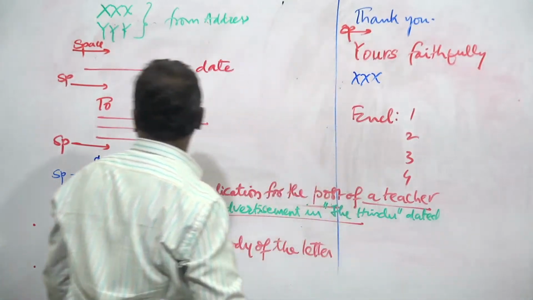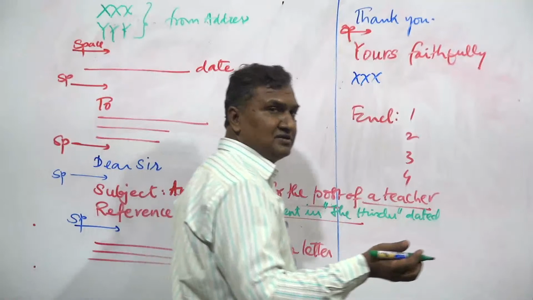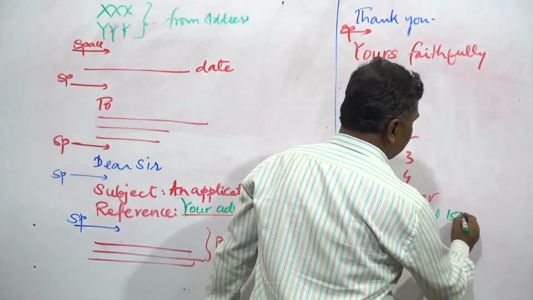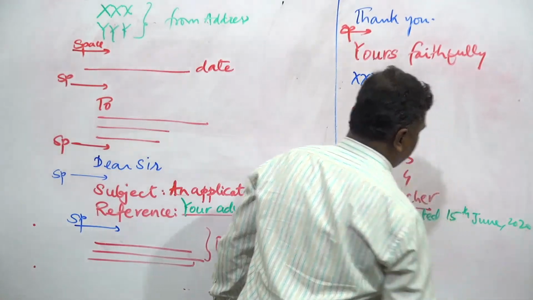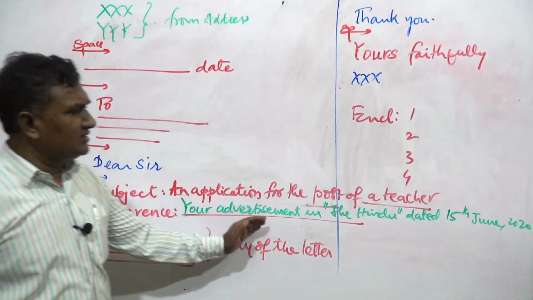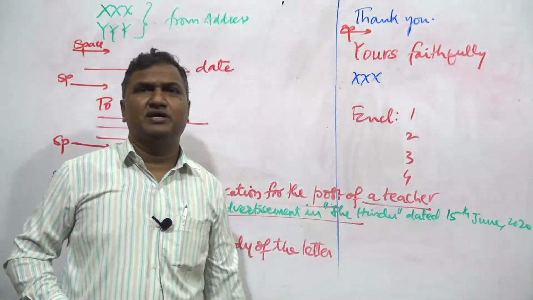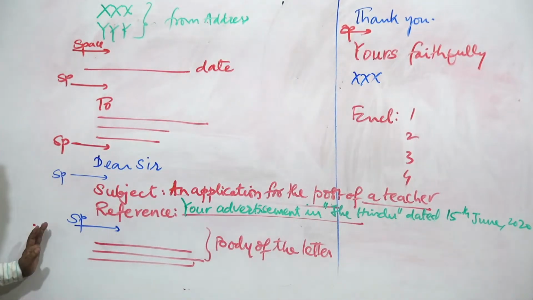Suppose you are writing the letter on 18th, the date of the examination. You can go back a little, say 15th June 2020. That can be the reference. Very easy to write. Your advertisement in The Hindu, dated 15th June 2020.